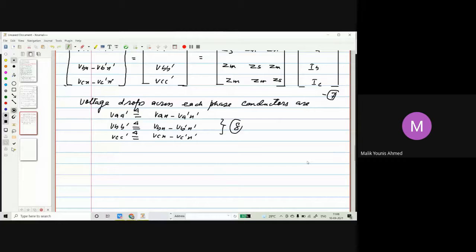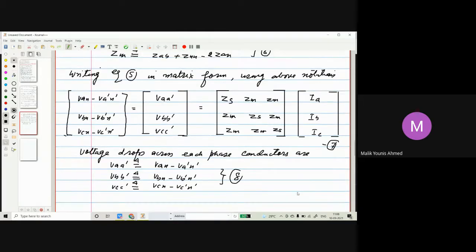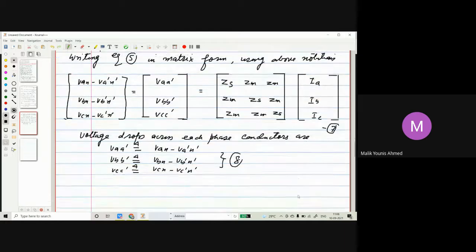Okay, so it's very clear from this self and mutual impedances. Now you can very clearly see from the equation number 7, it does not include the neutral conductor. That means when we are talking about this equation, it does not include the neutral conductor.